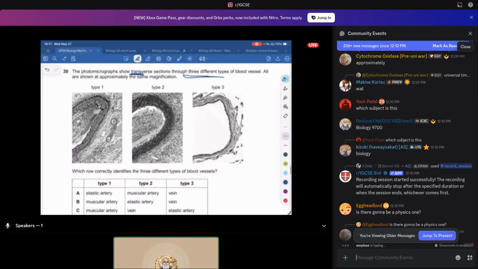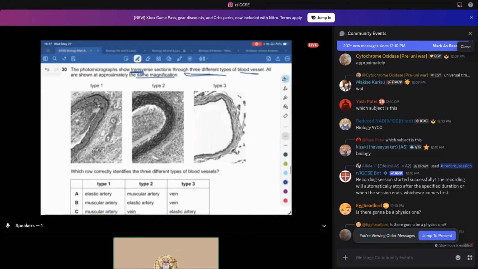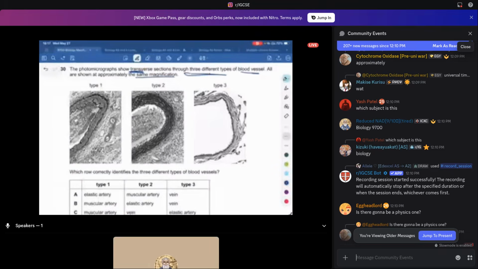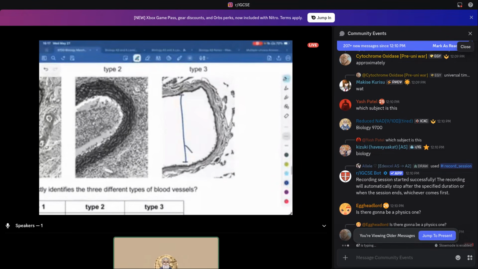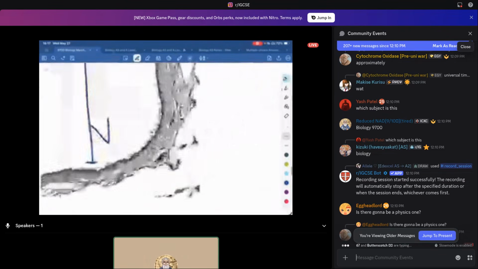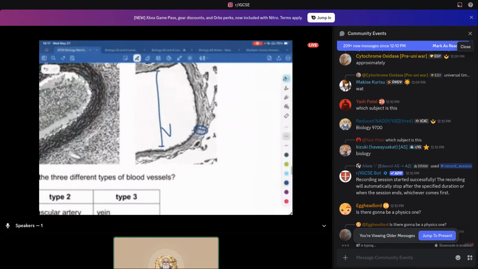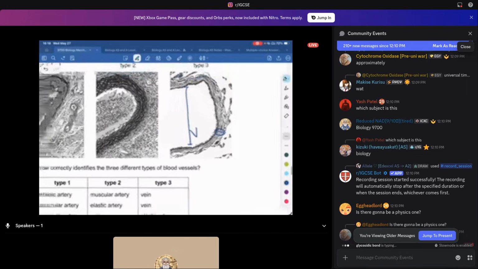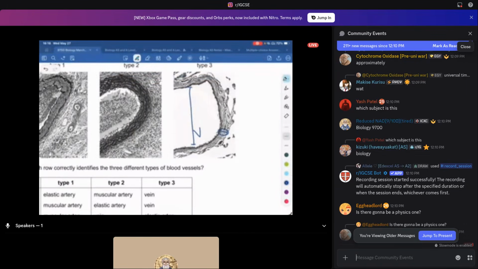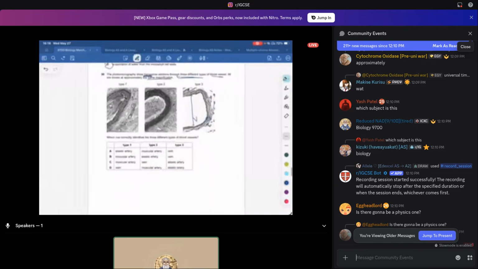The photomicrograph shows the transverse section through three different types of blood vessels. All are shown at approximately the same magnification, so they're the same size. What we're going to do is we're going to look. First off, type 3 has a very wide lumen. It's a vein immediately. And obviously, the wall has more than one layer. So it's not a capillary.